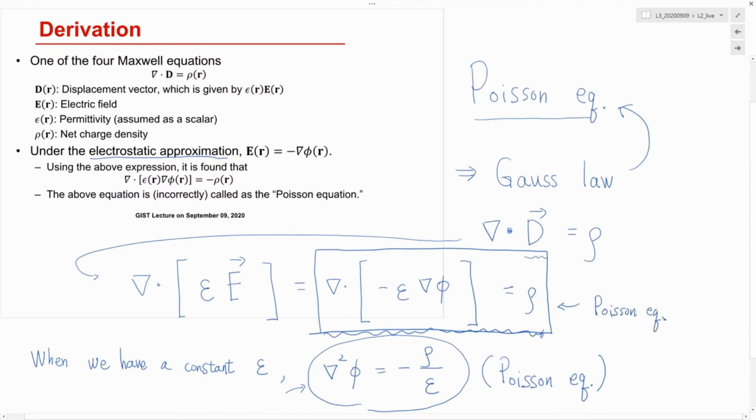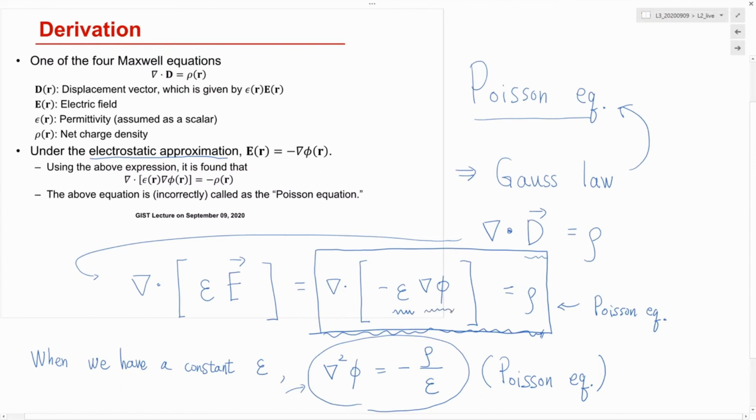Therefore, I will take this convention because all others in this field call it the Poisson equation. But please keep in mind that in the rigorous mathematical sense, this is not the Poisson equation. Sometimes people call it the generalized Poisson equation because here we have a position-dependent coefficient in front of the gradient operator.